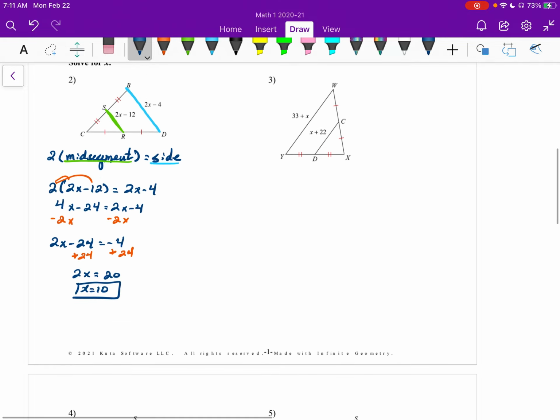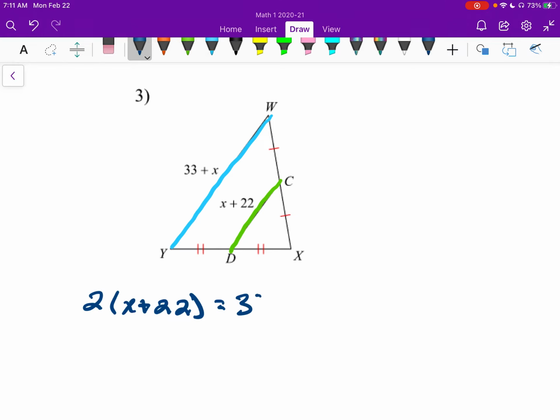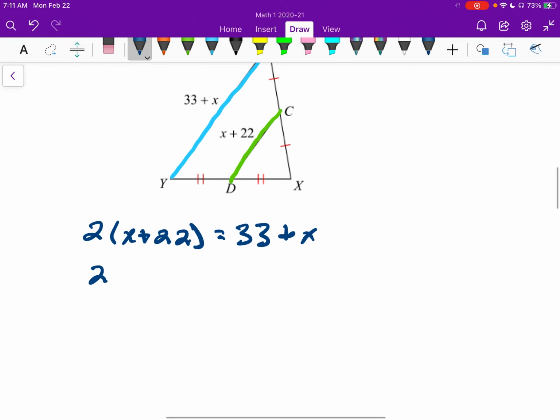All the problems. So number 3, let's look at it. The green piece is our midsegment, and the blue piece is our side. So I'm going to say 2 times the green, so 2, and then x plus 22 is equal to 33 plus x. So 2x plus 44 is 33 plus x.